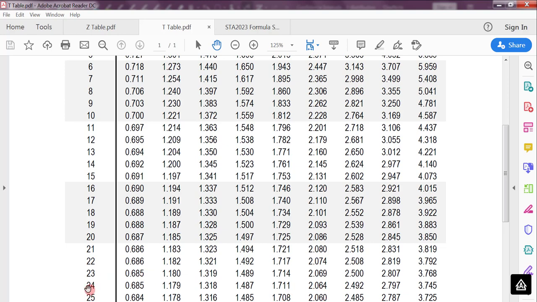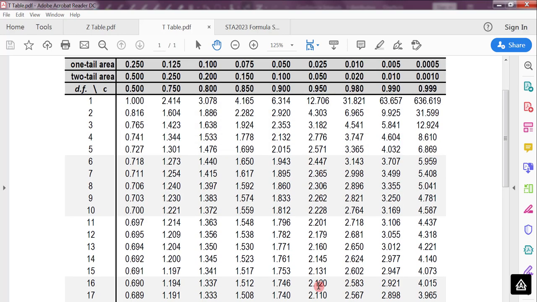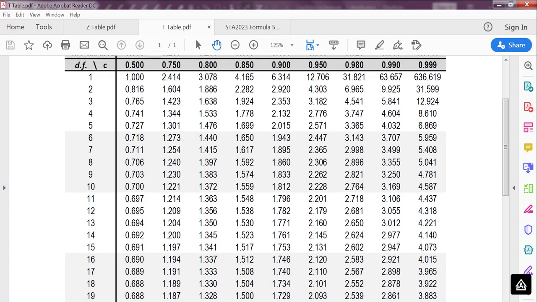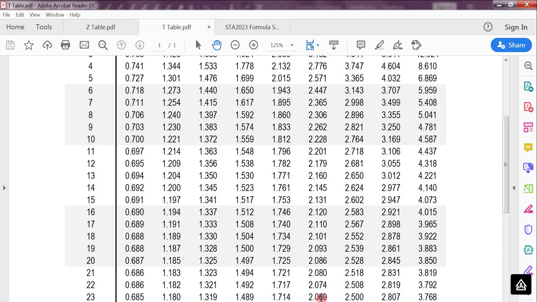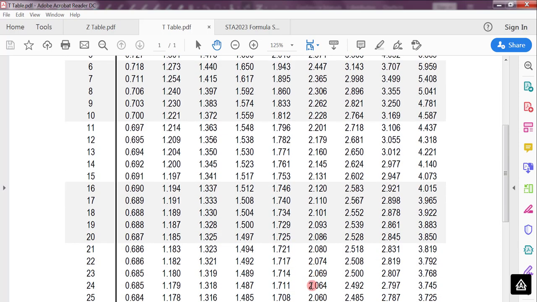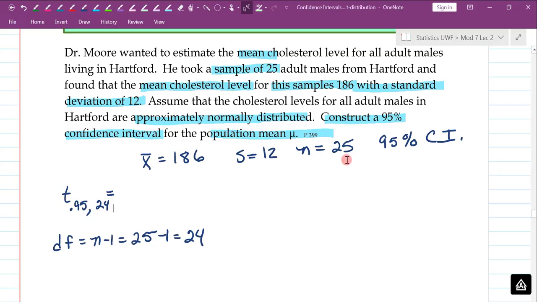So again, we're going to come over at 24 degrees of freedom, and 2.064 is underneath 0.95. Okay, so that's how we found that. So right there, 2.064.